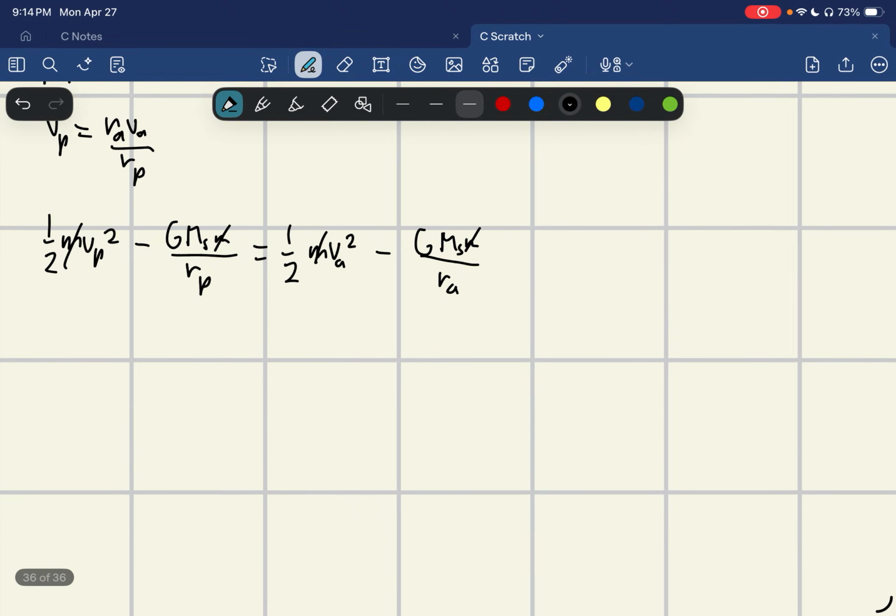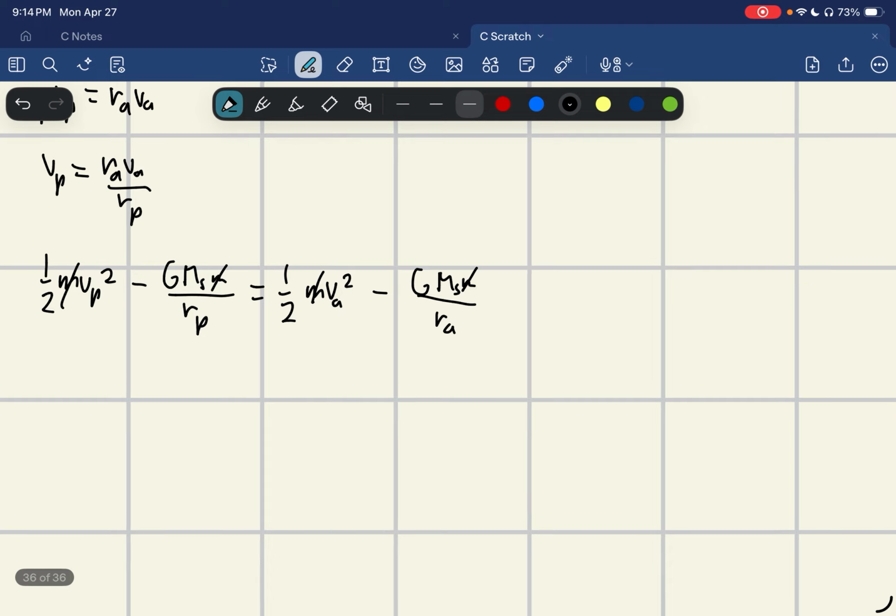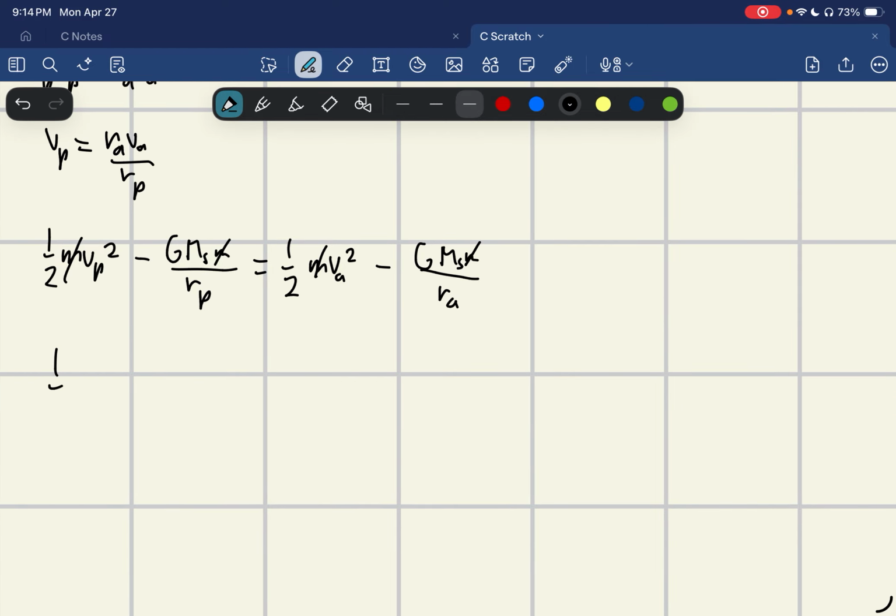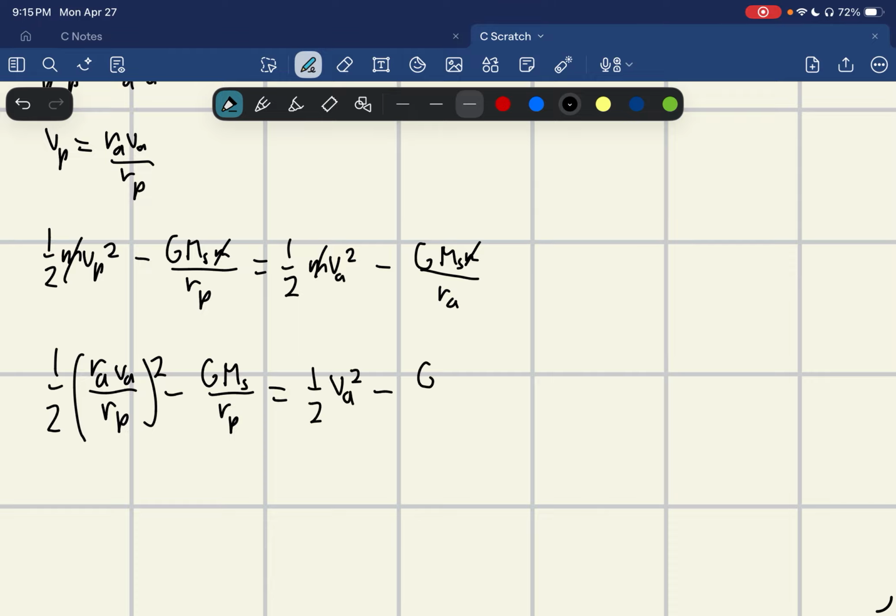And then here, I'll also replace VP with what we isolated for earlier in the part. So it'd be 1/2 times RA VA all over RP squared minus GMS over RP is equal to 1/2 VA squared minus GMS all over RA.